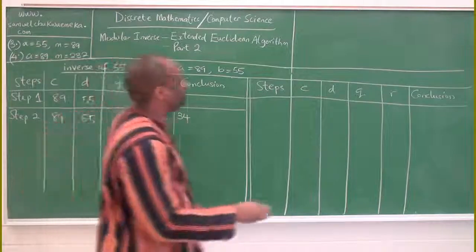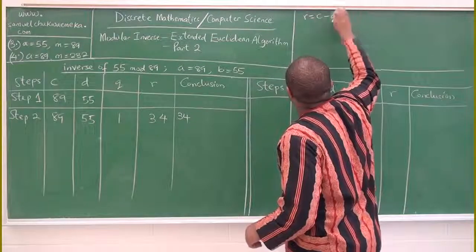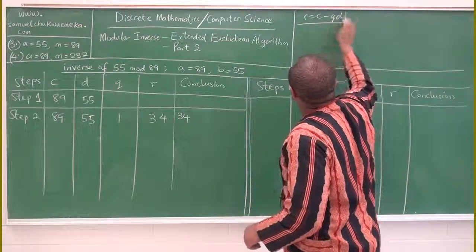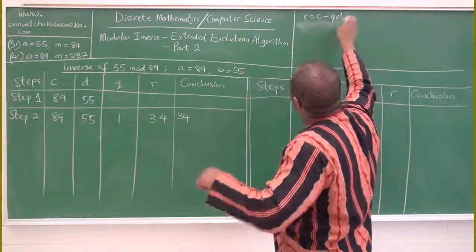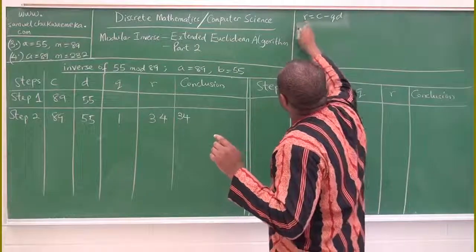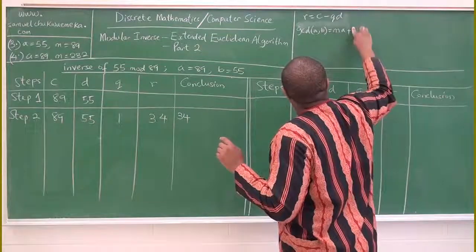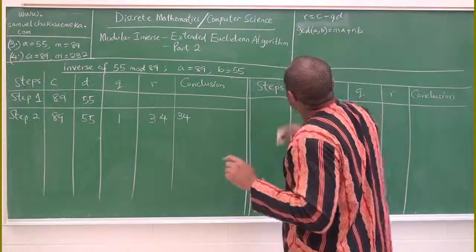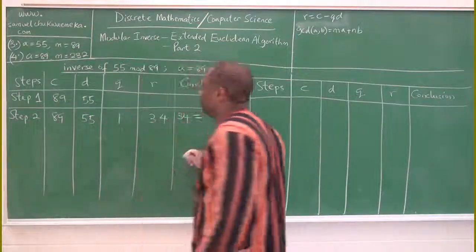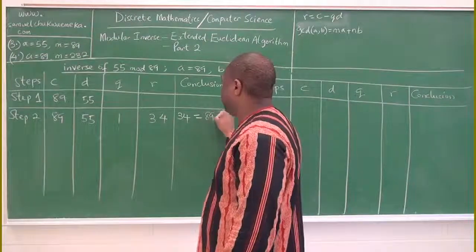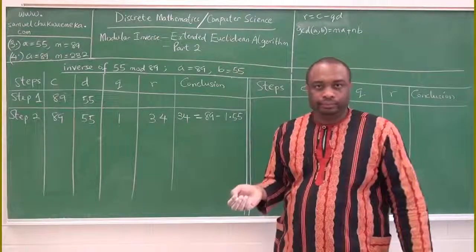Remember that our R should be C minus QD, and our GCD of A and B should be MA plus NB, a linear combination of A and B. So our conclusion here: 34 is equal to 89 minus 1 times 55.